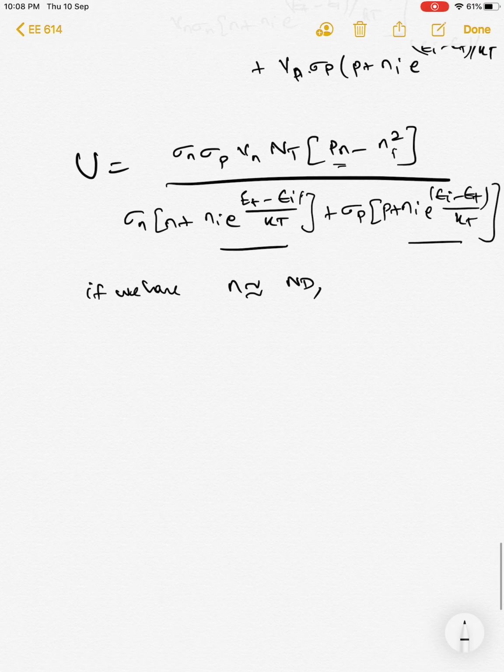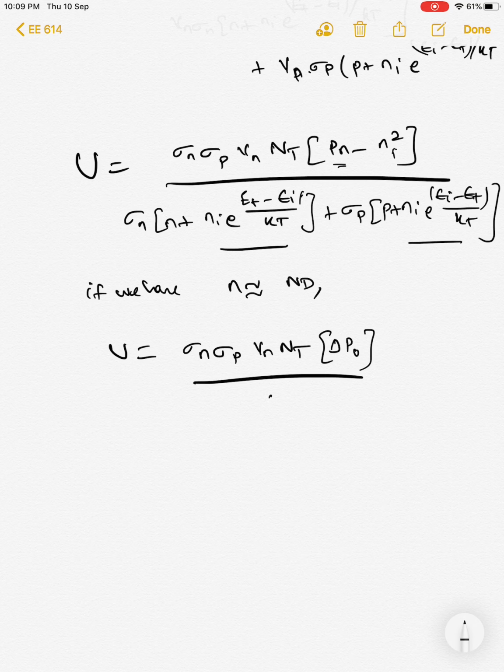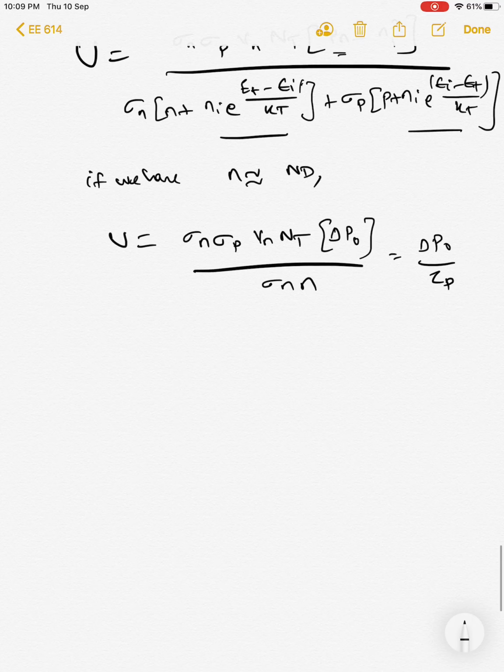Then this will reduce to sigma n sigma p vn nt p naught, del p naught by sigma n, which is del p naught by tau p, where tau p will turn out to be 1 by sigma p vn nt.